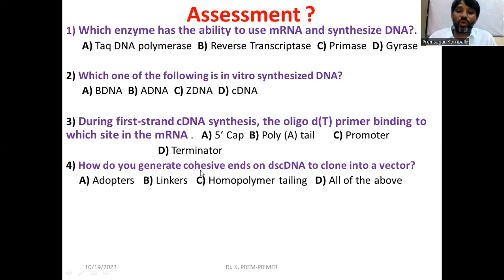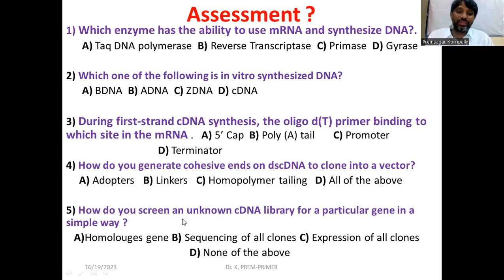How do you generate cohesive ends on double-stranded cDNA to clone into a vector? As I told you, double-stranded cDNA does not have any cohesive ends. They're not directly compatible with the vector. So we have to add certain molecules to the cDNA. What are those?